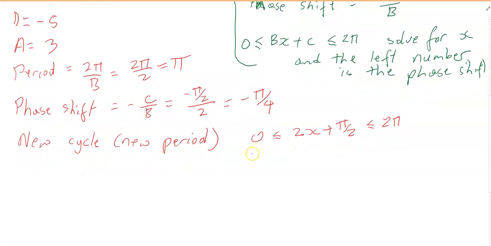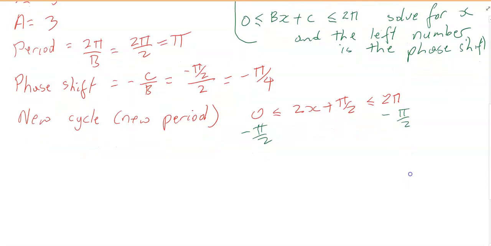Subtract pi over 2 from both sides: negative pi over 2 is less than or equal to 2x, less than or equal to 3 pi over 2.